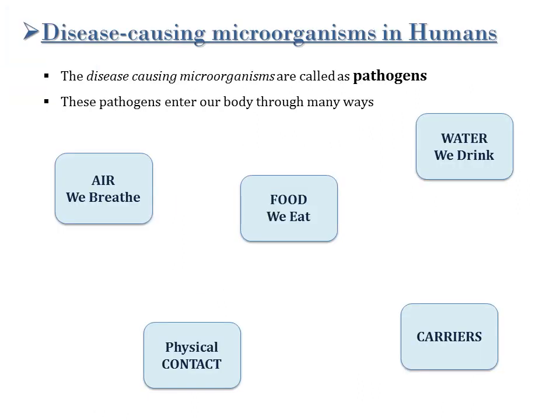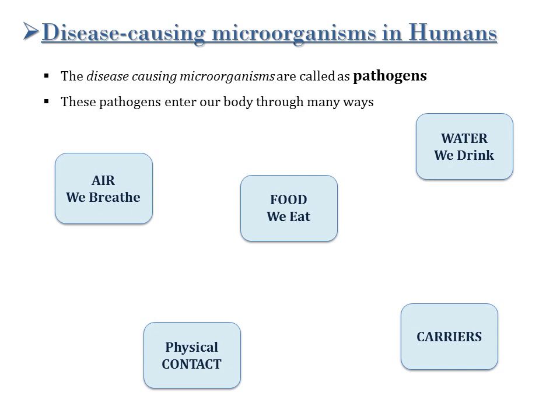The first point is disease causing microorganisms in humans. Some microorganisms cause diseases in plants, animals and humans, and these disease causing microorganisms are called pathogens. In part 1, we studied that microorganisms are everywhere, in water, in air, on all kinds of surfaces.